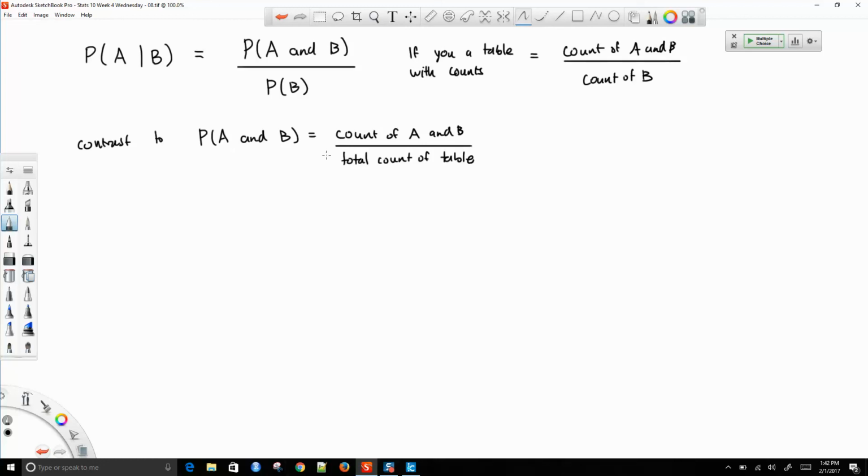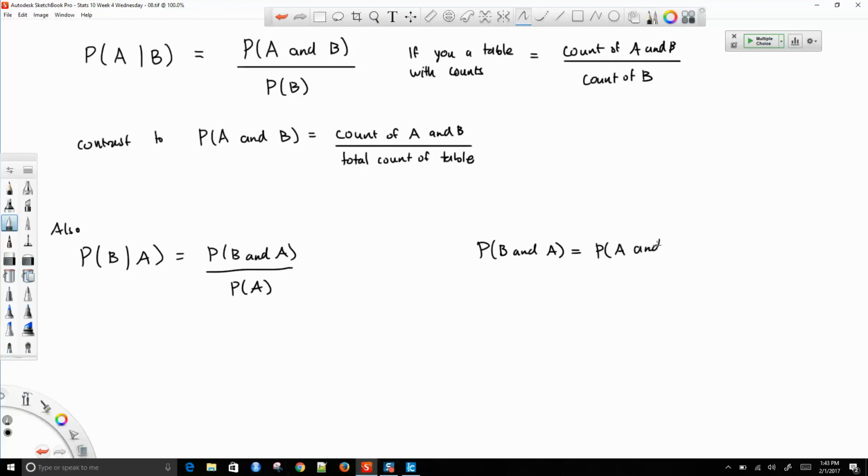Okay, as far as these equations and formulas go, the labels of A and B are arbitrary, so we can also have probability of B given A. This is equal to the probability of B and A divided by the probability of A. Now, we should note that the probability of B and A is equal to the probability of A and B. And so therefore the numerator portion of all of this is going to be exactly the same.